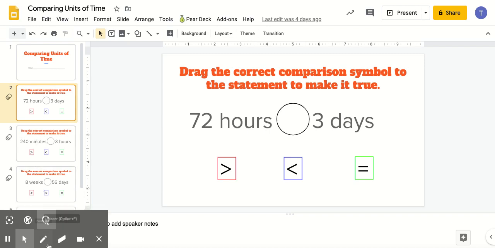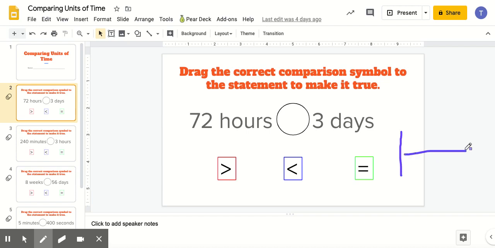So how I'm going to do this is we are going to create a T-chart that looks like this. And we're going to put what we are given on the top. So we're given 3 days.